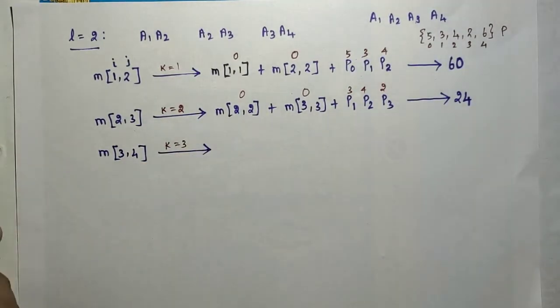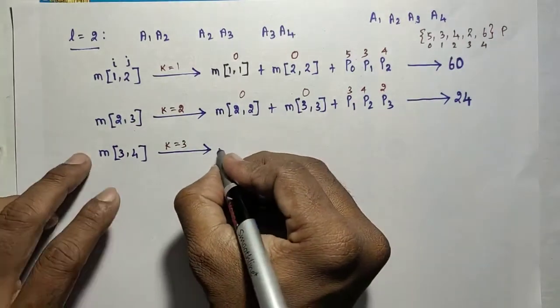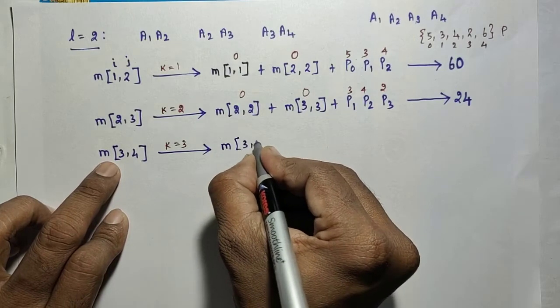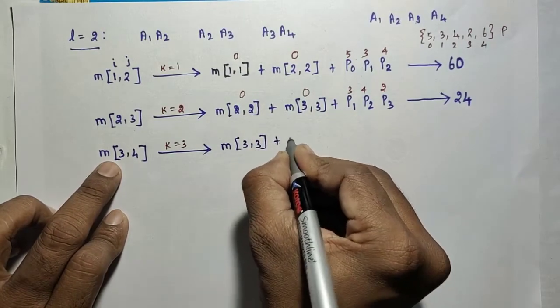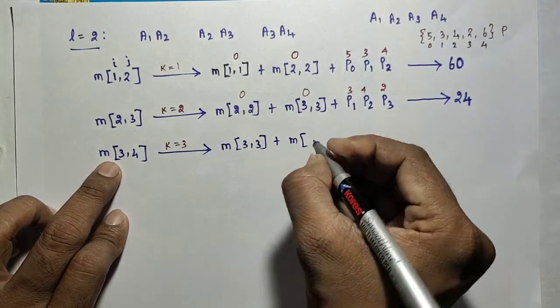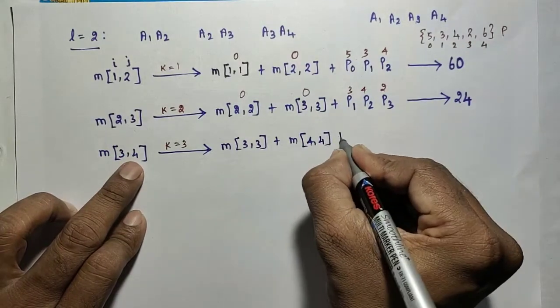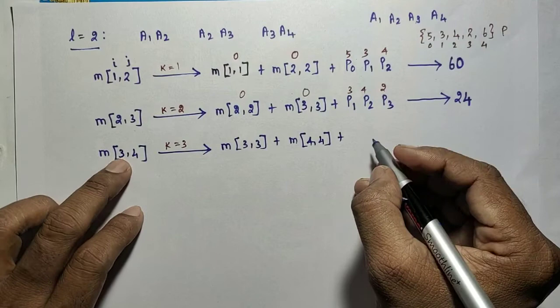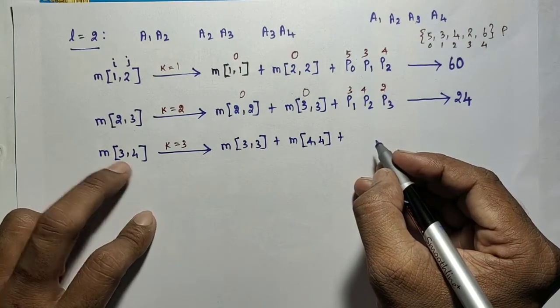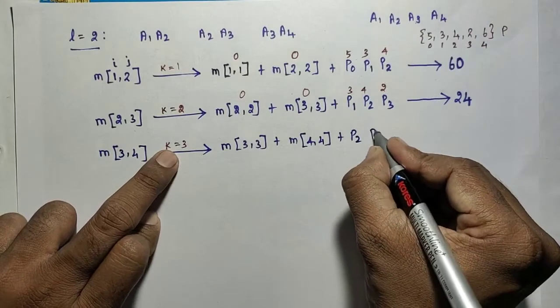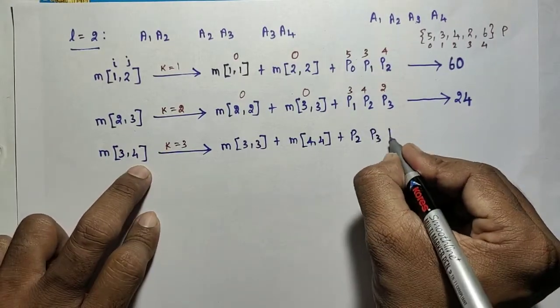K equal to 3 means m of i comma k, 3 comma 3, plus m of k plus 1 to j, k plus 1 is 4, so 4 comma 4, plus p of i minus 1, that is p2, p of k, that is p3, and p of j, that is p4.